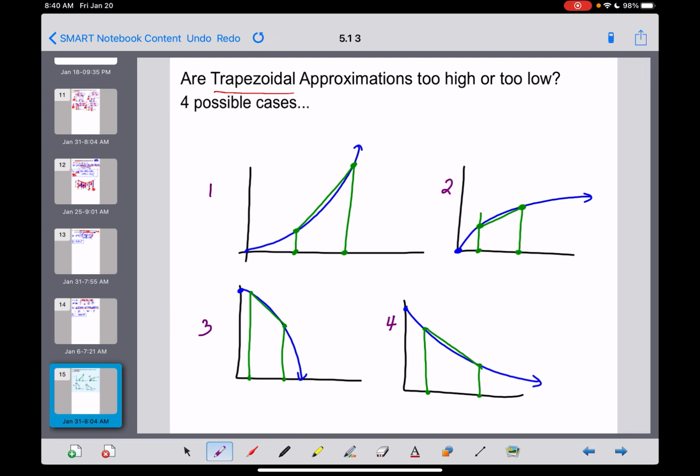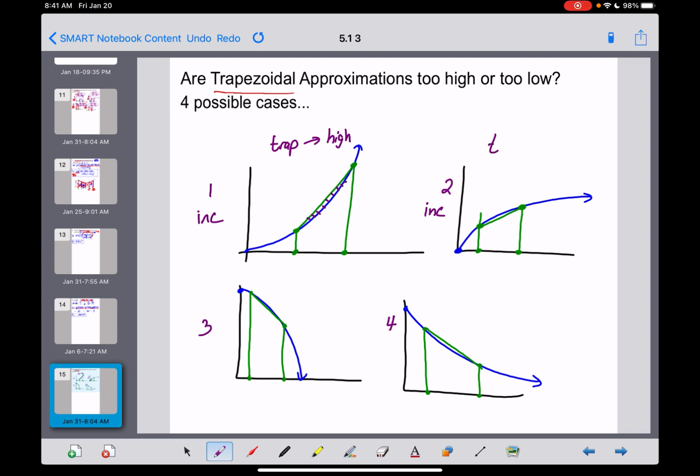In curve number 1, we've got a function that is increasing, and it looks like our trapezoidal approximation right here is going to be too high. Why? Because that trapezoid is including this area right here that isn't actually below the curve. Let's move on to curve number 2 then, which is also increasing, albeit at a decreasing rate.